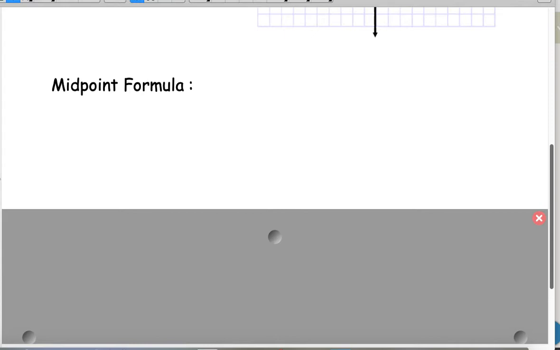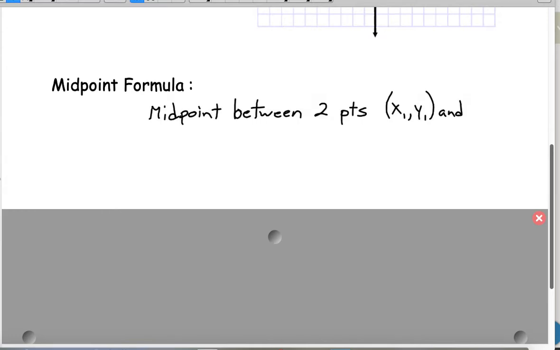To find the midpoint between 2 points, let's give those points coordinates. x sub 1, comma, y sub 1. And the second point we'll call x sub 2, comma, y sub 2.